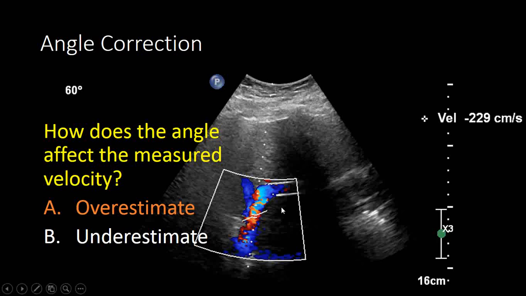So in this particular person, we now have aliasing, we have what looks like narrowing of the color Doppler signal, and we have a velocity over 230 centimeters per second.